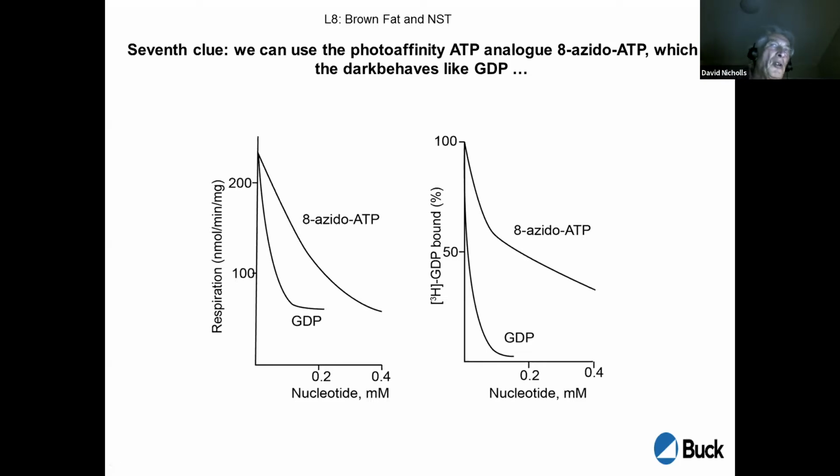And so first of all, one has to prove that the azido ATP works like GDP to inhibit respiration. It does. You have to show that it competes with GDP for binding, and it does. So the azido ATP is going at least partly to the same place that the GDP was going. So things are now getting exciting. We're getting close to a mechanism here.